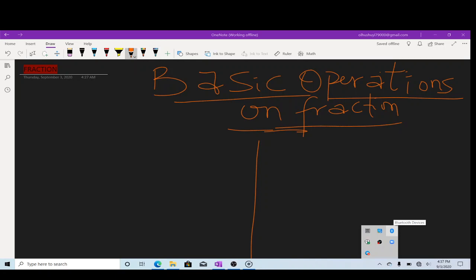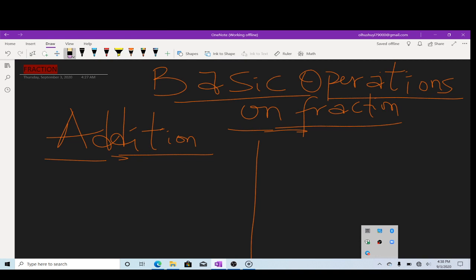Now, on a series on fractions, we'll be considering basic operations on fractions. Under this, we'll be talking about the addition of fractions. If you are to add fractions, what do you do?